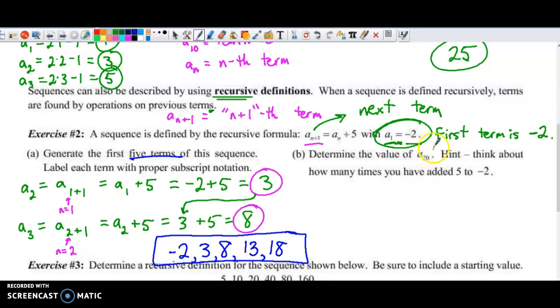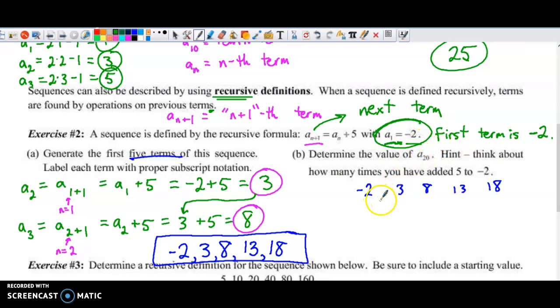So what they're trying to get you to do is think of a formula you can get to get a sub 20. So let me jot that down again. We got -2, 3, 8, 13, 18. And just think about how many times you have to add 5 to -2 to get to the 20th term.